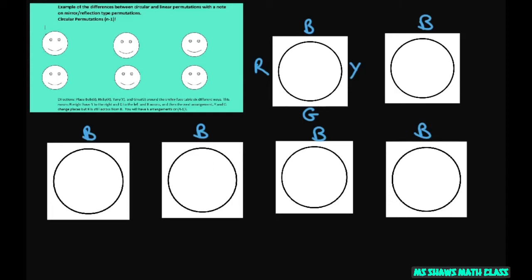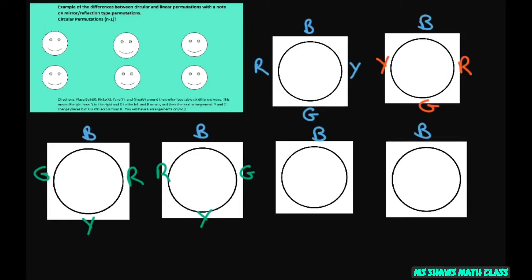Now I'm going to rearrange everyone, because what's to the left of Bob, to the right, and across has to be different. So now I'm going to put Yanni here, Ricky here, and keep Gina here. Now I'll put Gina here, Ricky here, Yanni, and then switch these two and put Ricky, Gina, Yanni.